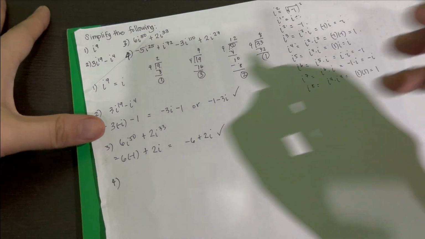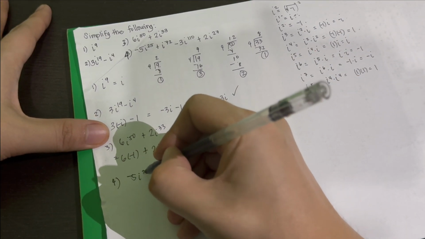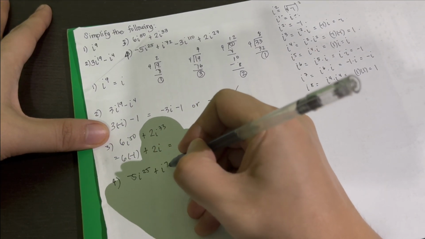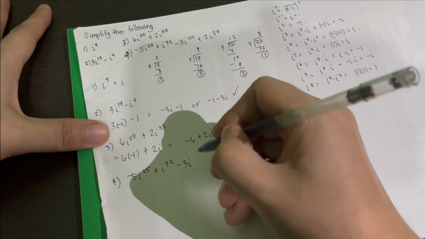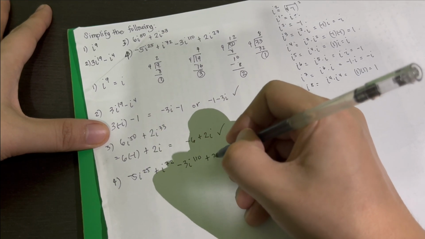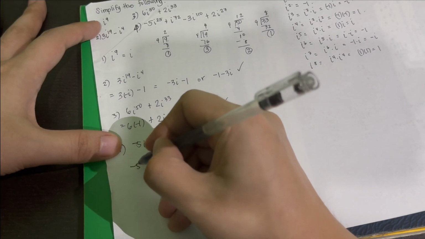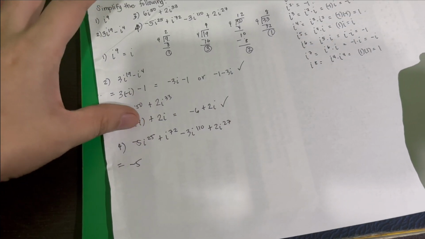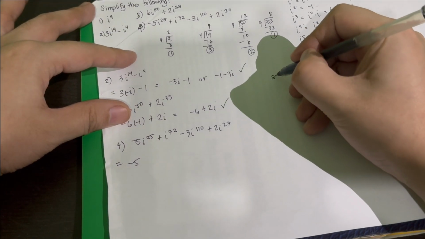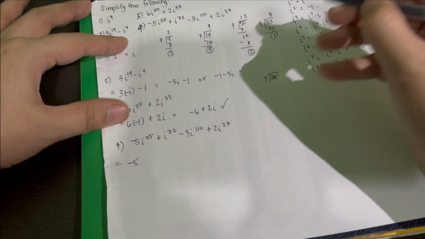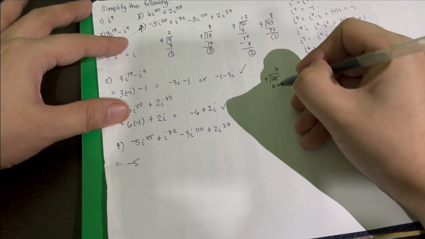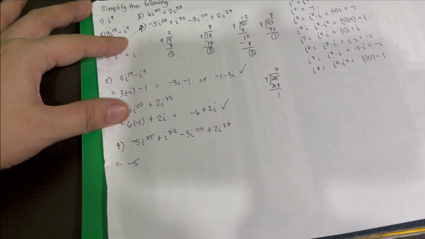So for number 4, negative 5I to the 25 plus I to the 72 minus 3I to the 110 plus 2I to the 27. So negative 5, I to the 25th power. So 25 divided by 4, that's 6, remainder 1, right?